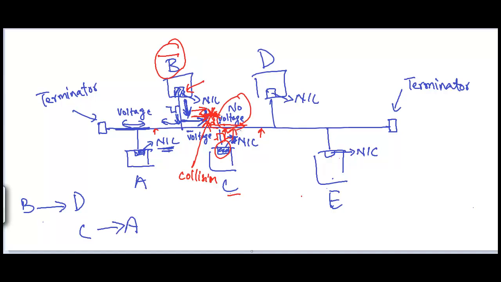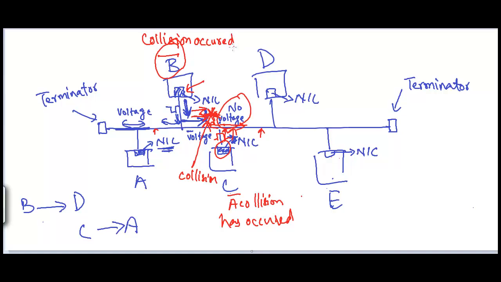So C knows that a collision has occurred, and B also knows that a collision occurred because of the disturbed voltage signals.